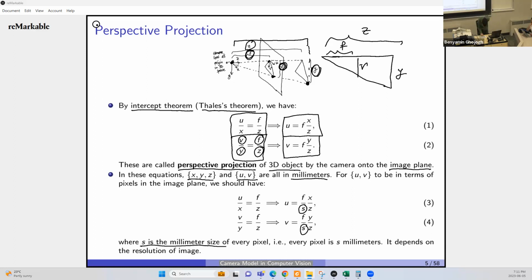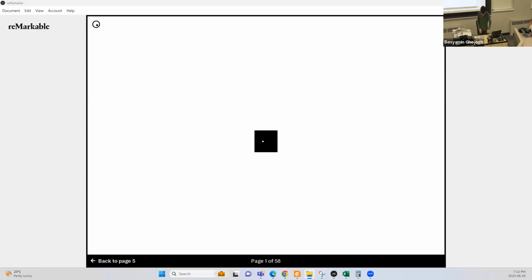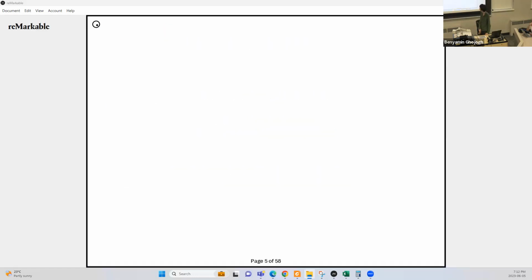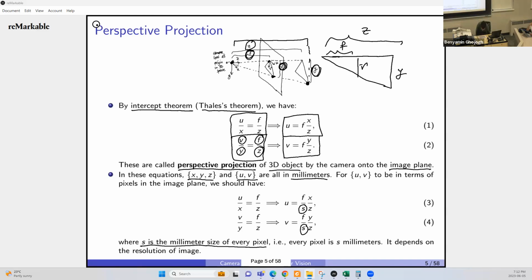S is the millimeter size of every pixel. Every pixel has some distance from its neighboring pixel, right? And that distance can be represented in millimeters. And S is that number. So in this way, I'm changing the dimensionality so that U and V will be in terms of pixels, but X, Y, and Z will be in terms of millimeters.